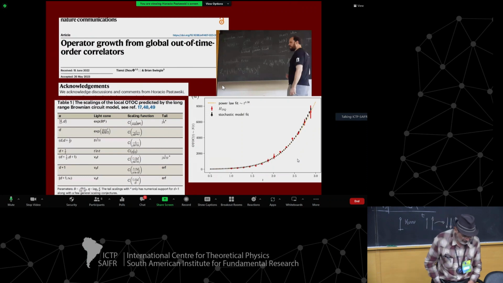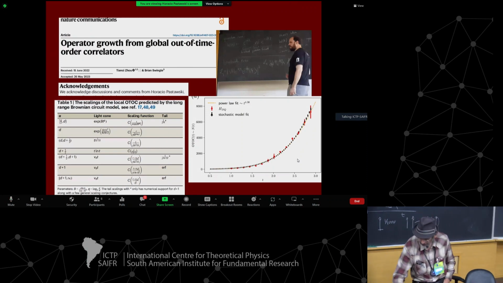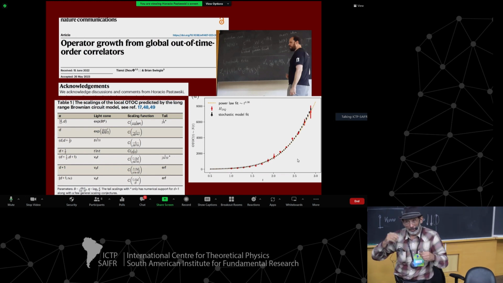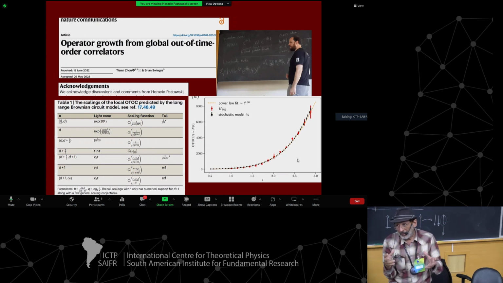And this is a paper that appeared just in June. Brian Swingle is here with the Loschmidt echo, and he claims to have solved the scrambling. So in order to do this many-body scrambling, he uses a sort of quantum circuit that is a simulator.